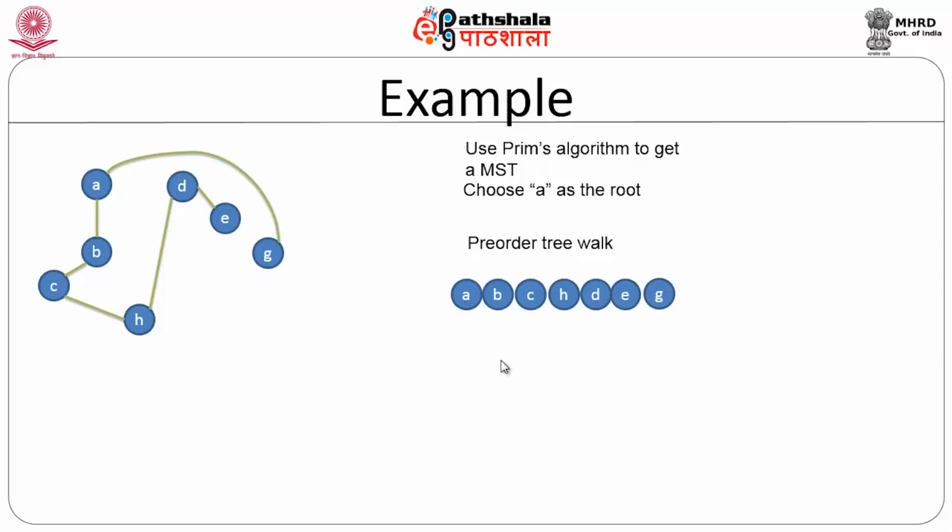I will visit A, B, C, H, D, E, G, and then from G I will go back to A. You can see that this is the solution for the given problem.